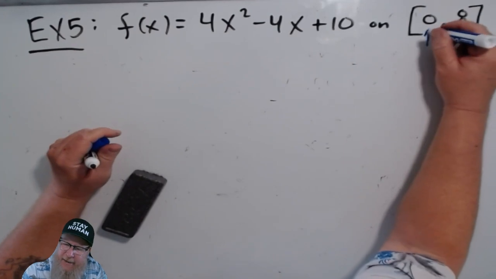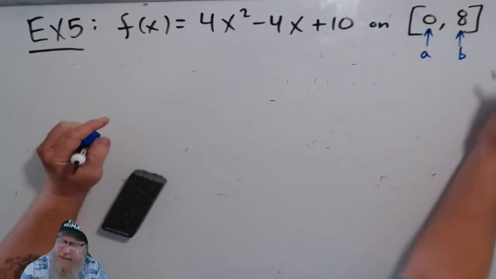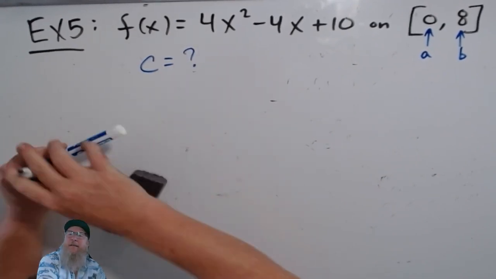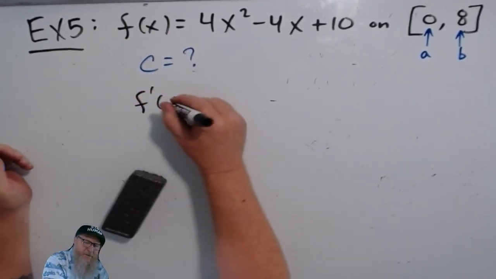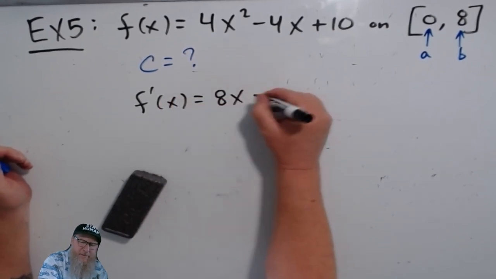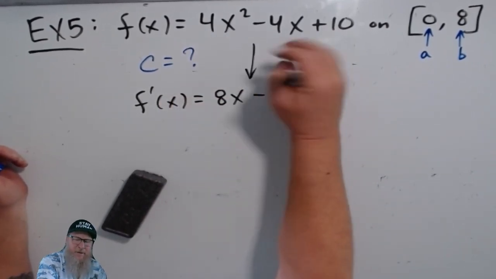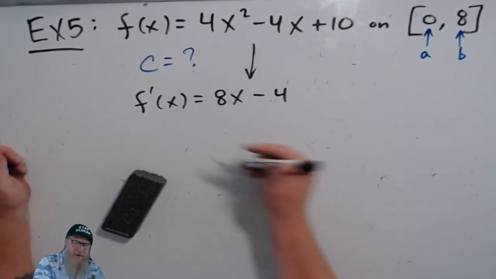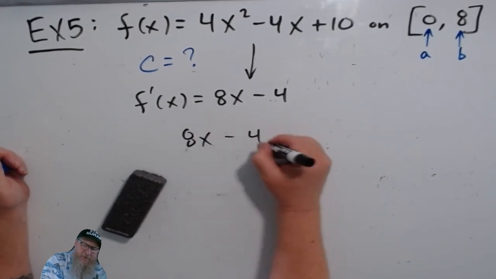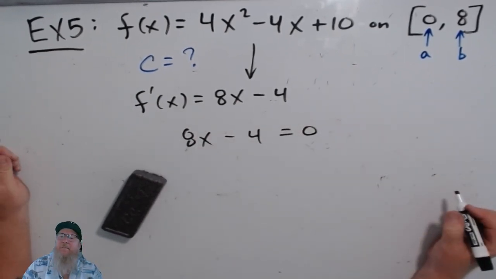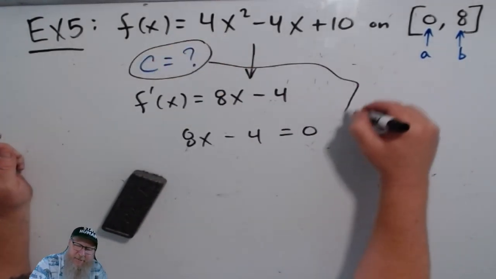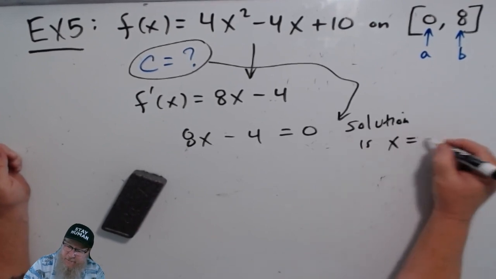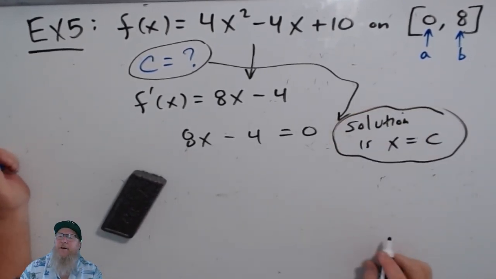So this is A, this is B. We're going to find C. So we're going to take the first derivative. The first derivative of 4x squared minus 4x plus 10 is 8x minus 4. We're going to set that derivative equal to 0. And the solution is whatever you get here. Yeah, that's our x equals c.